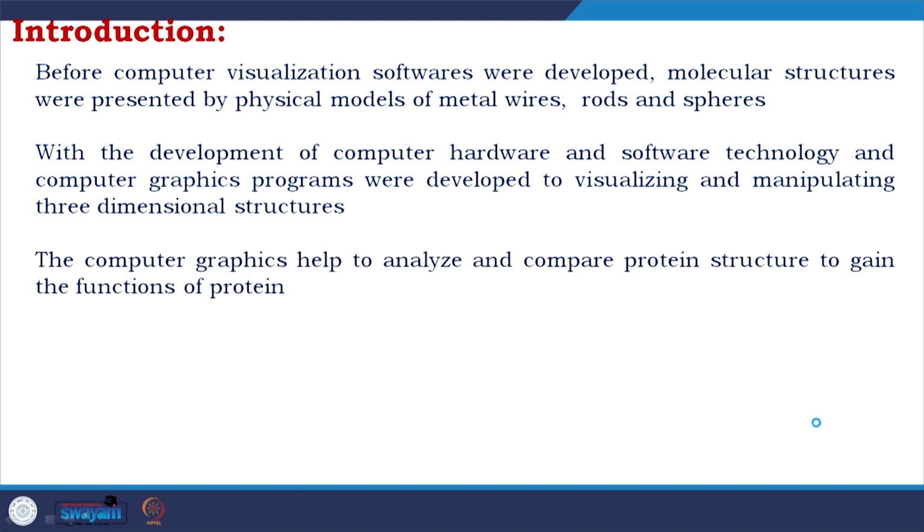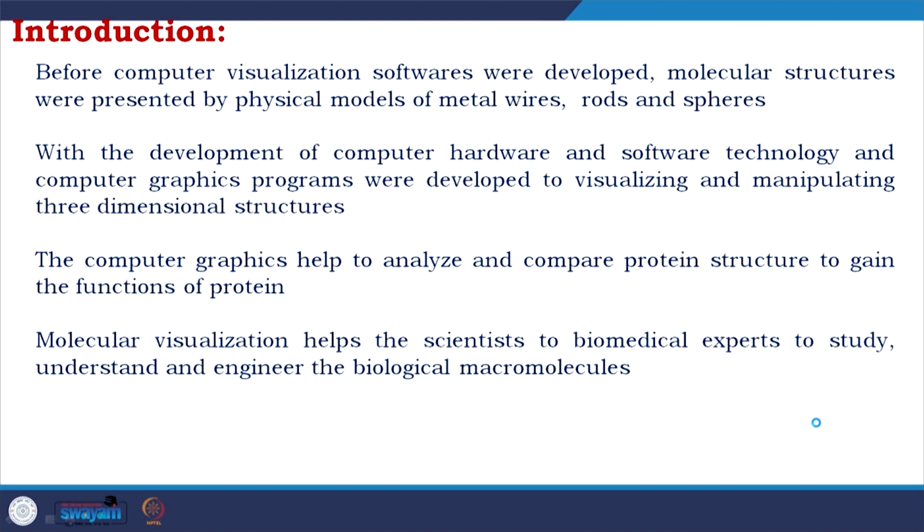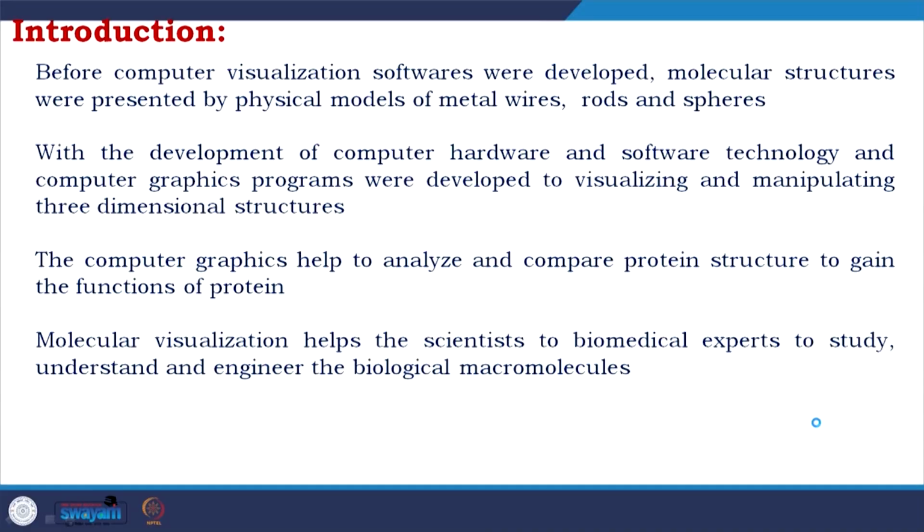Computer graphics help to analyze and compare protein structures to understand protein function. It is applicable to all biological macromolecules, but as I always say, protein is the functional molecule, so a lot of interest is always focused on proteins. Molecular visualization helps scientists and biomedical experts to study, understand and engineer biological macromolecules.